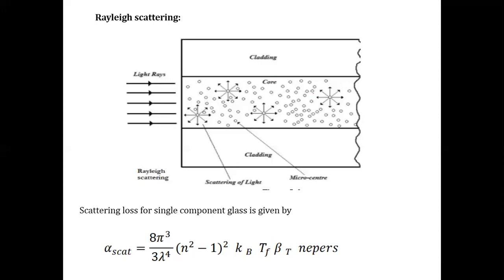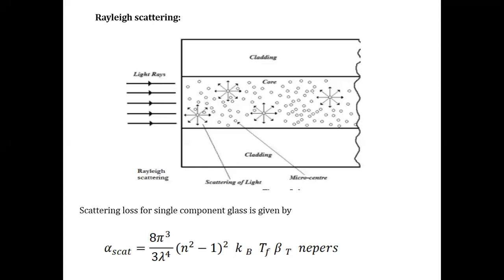So the first thing is slight fluctuation in the mixing of ingredients. We are mixing silicon oxide, germanium oxide, phosphorus pentoxide, like that. In mixing these ingredients, there will be some random changes, and these random changes are impossible to eliminate completely. The second cause is slight change in density as the silica cools and solidifies.